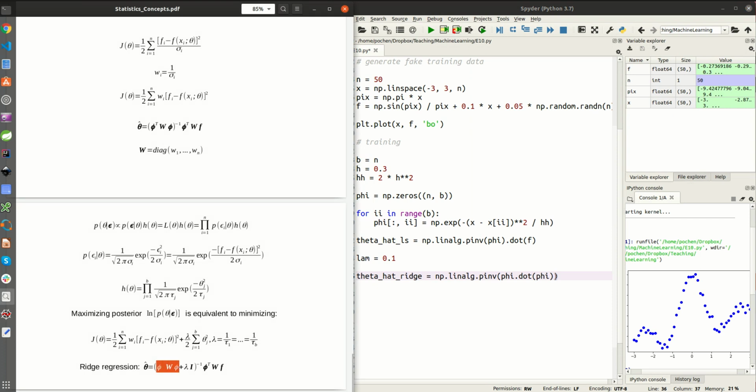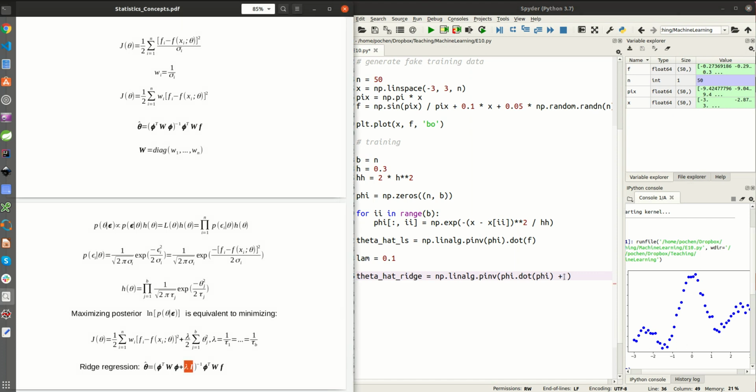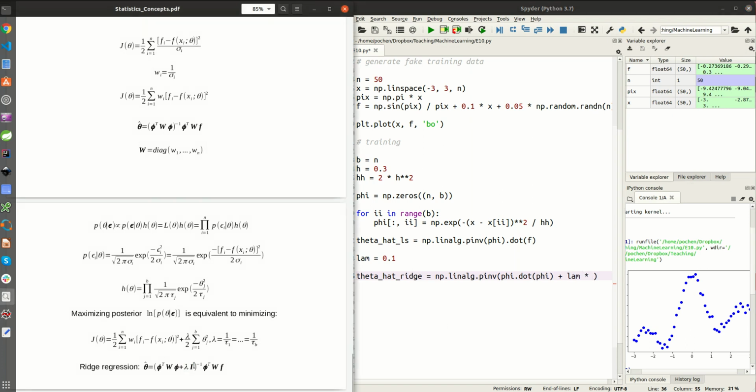But we are not done yet. We have to actually add this component, which is lambda LAM times this identity matrix. And this identity matrix will have to have the exact same dimension as phi transpose times phi, right? What's going to be the dimension of phi transpose times phi?